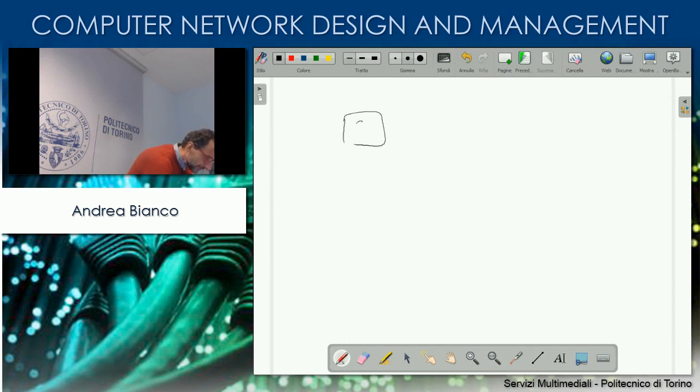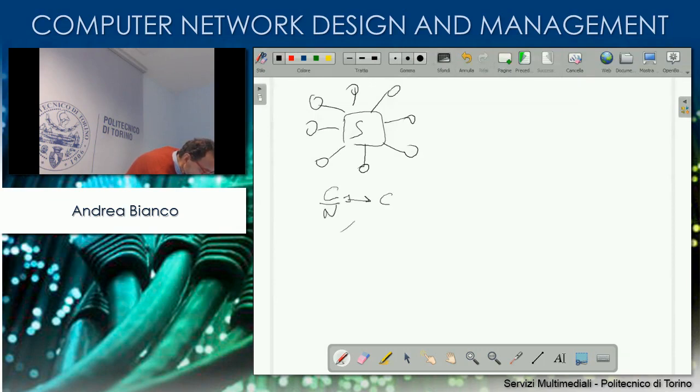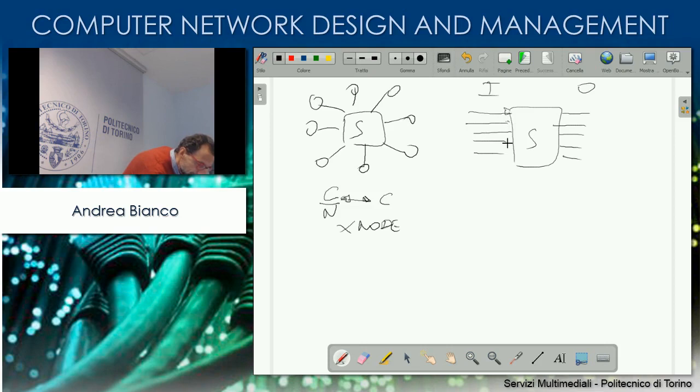Let me focus on this example for a moment, in which you can range from a capacity C over N up to a capacity C per node. Let me replot this switch having inputs here and outputs here. You know that we can always define the switching node in two ways.